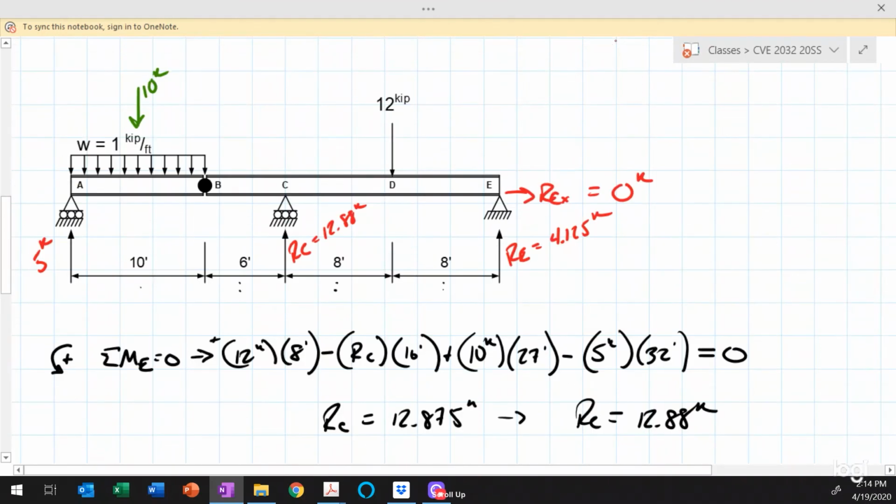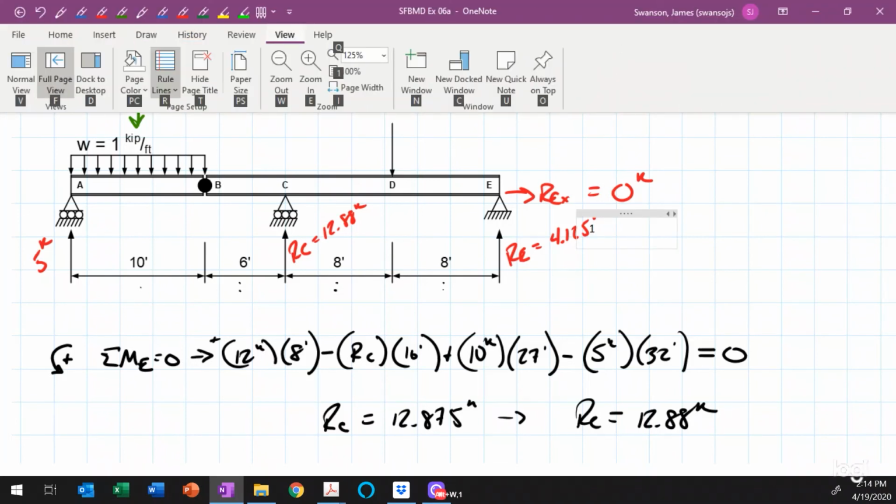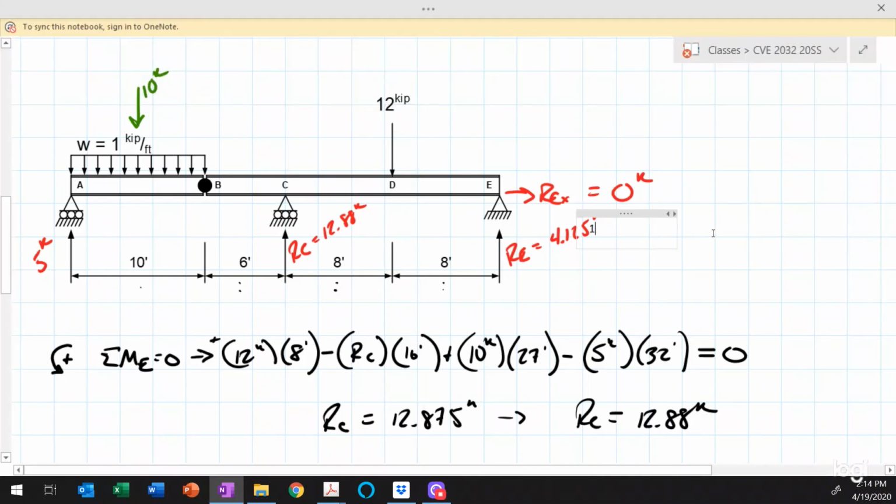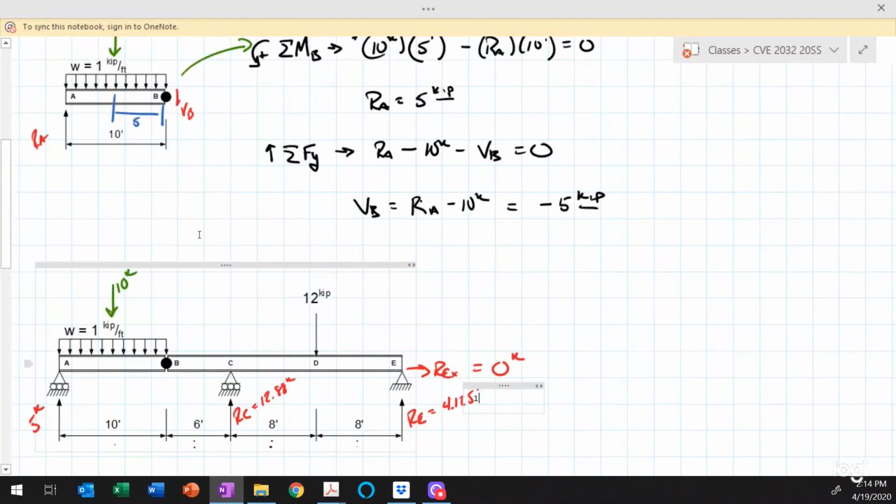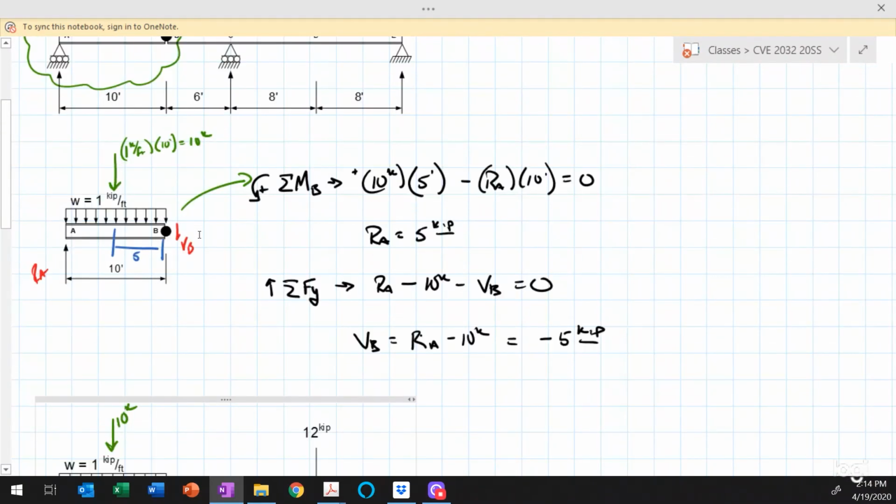All right, so the extra equation that we get in this example by drawing the free body diagram of the part to the left is called a condition equation.